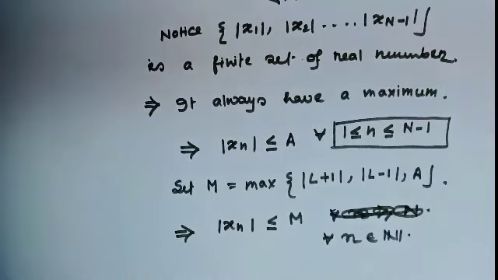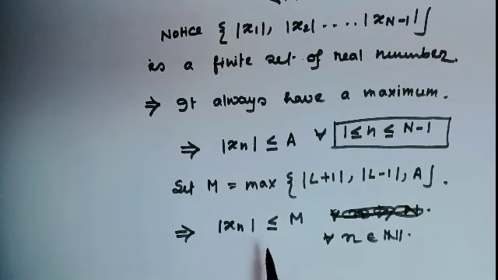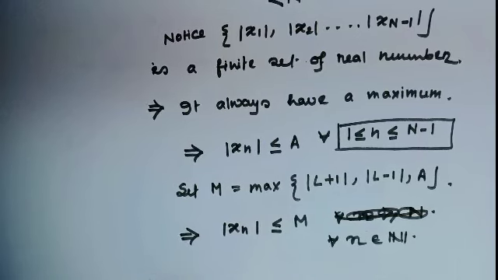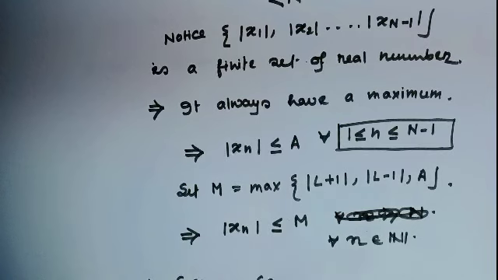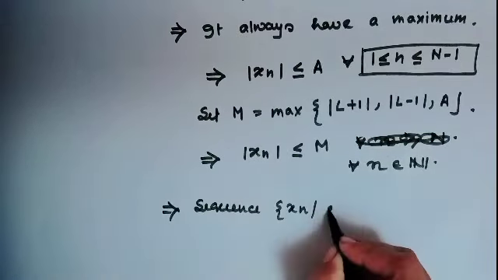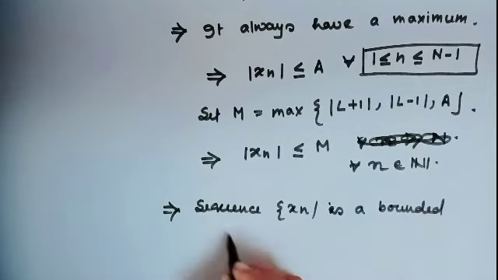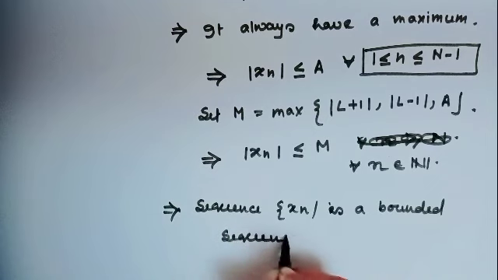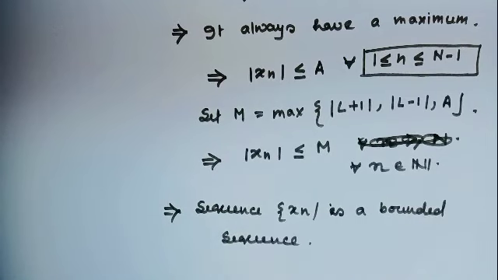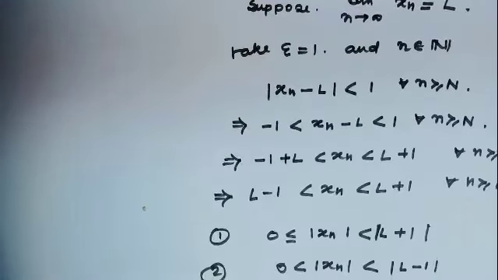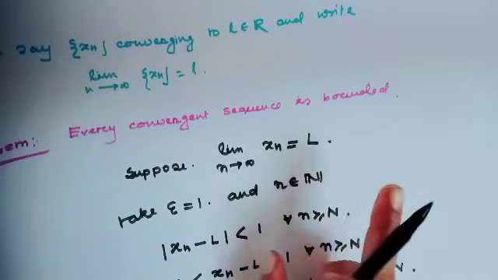Okay? That means the sequence xn is a bounded sequence. Okay? That means every convergent sequence must be bounded.